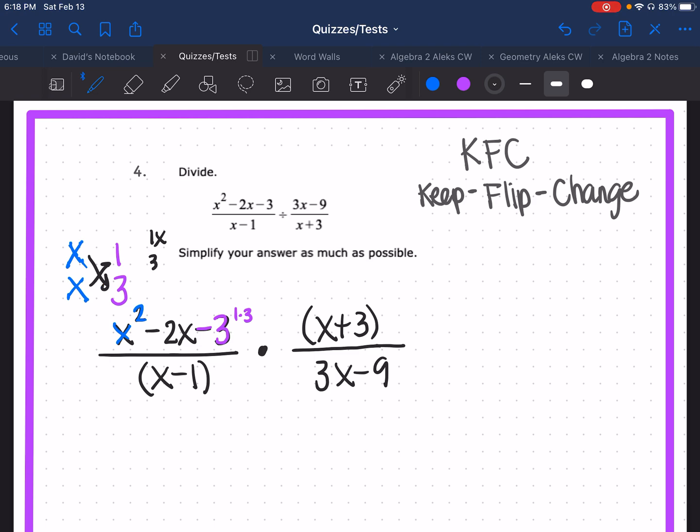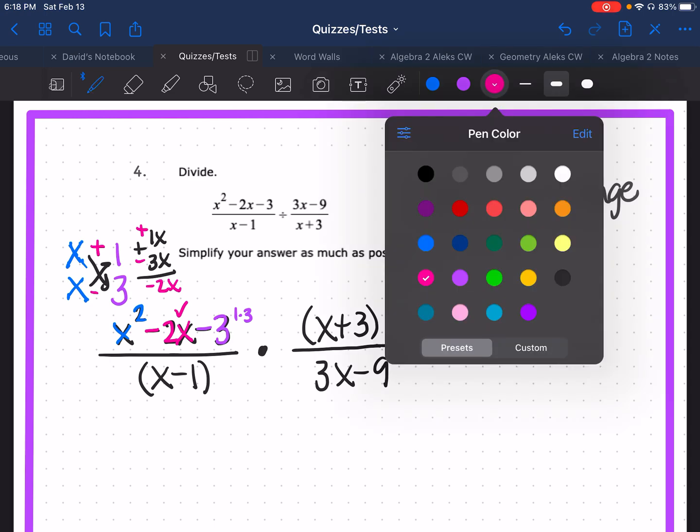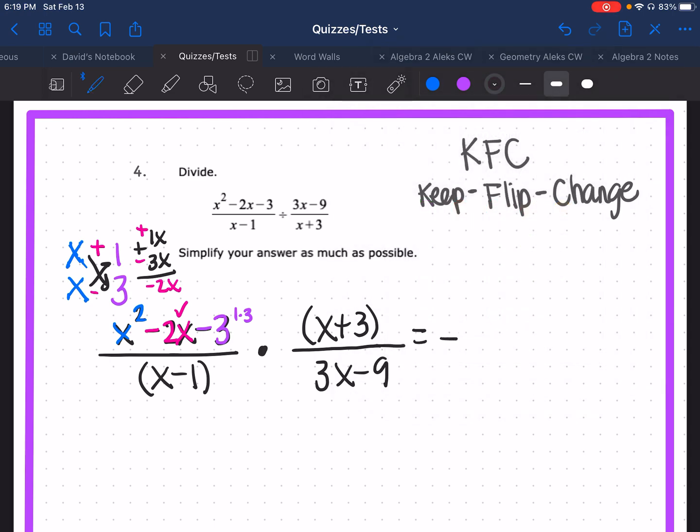X times 3 is 3x. I think that I can add them together and make them be the negative 2x that I need by making this one positive and that one negative. Yep, it works. So my factors now are going to be x plus 1 and x minus 3.